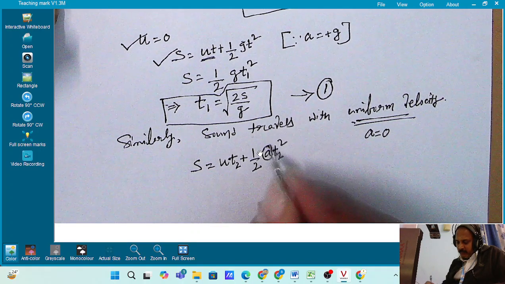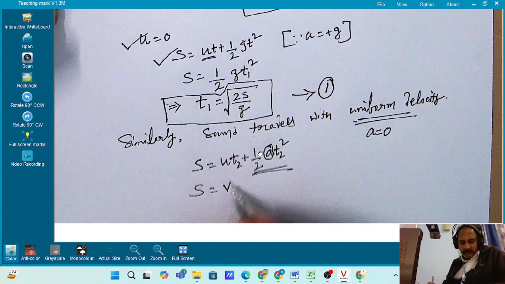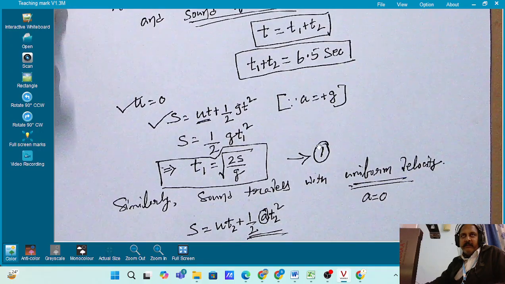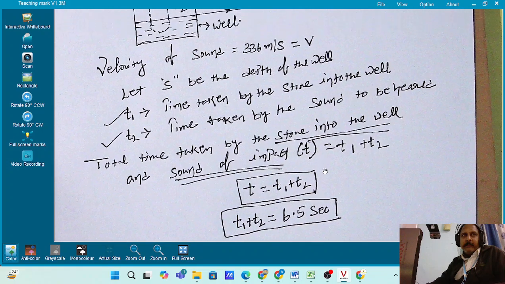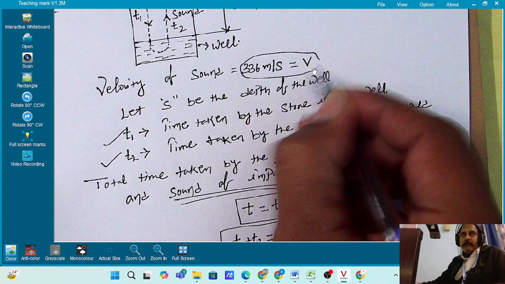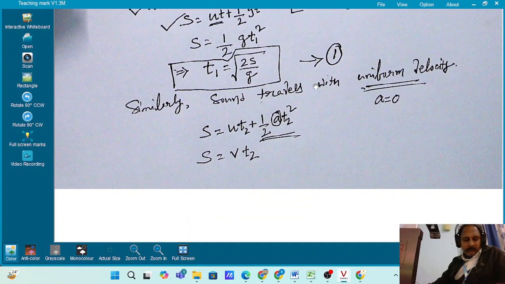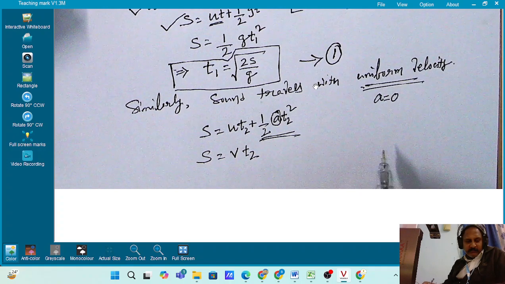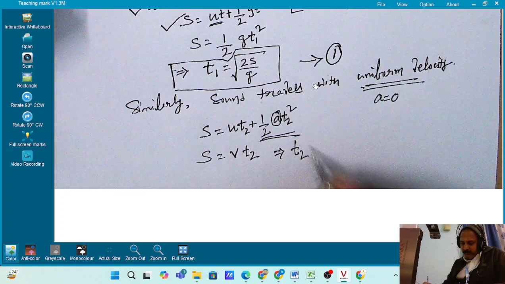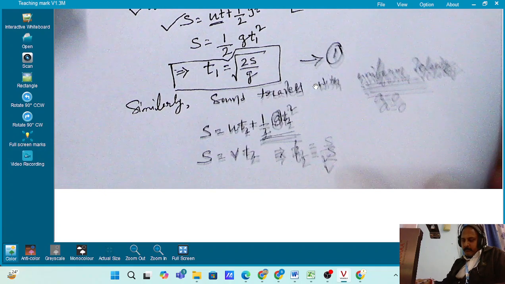Because a is 0, this portion becomes 0. So finally we get S is equal to v t2. Here the velocity of sound is v. So S is equal to v t2, and t2 is equal to S by v.